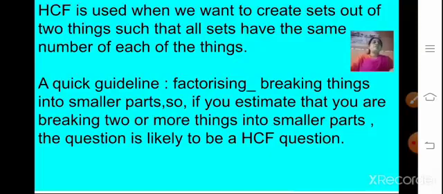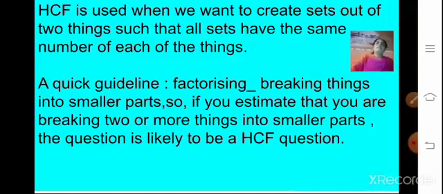The key factor for this is when you factorize a number, where you find the factors. When you break things into smaller parts, if you estimate that you're breaking two or more things into smaller parts, the question is likely to be an HCF question.